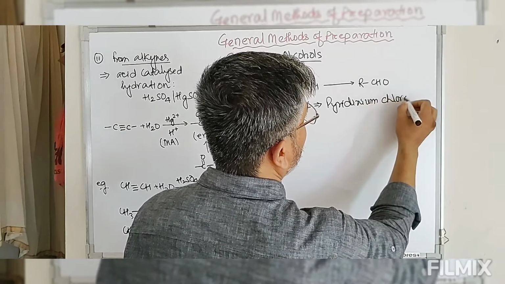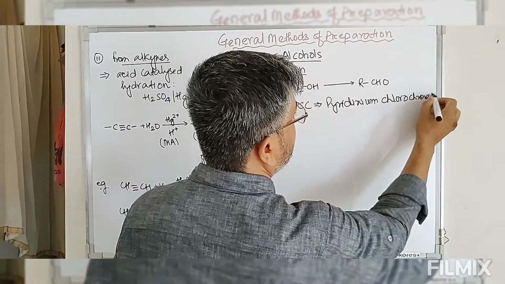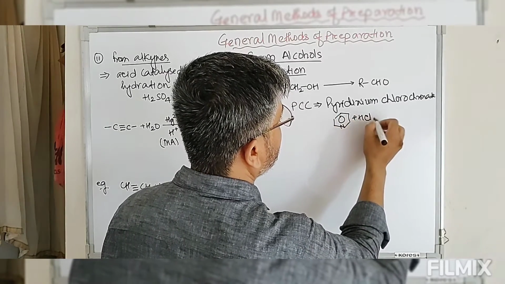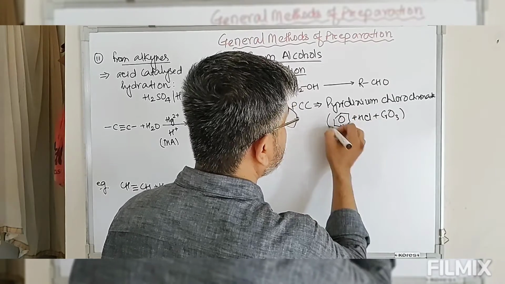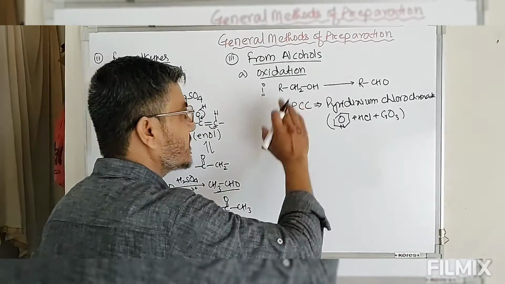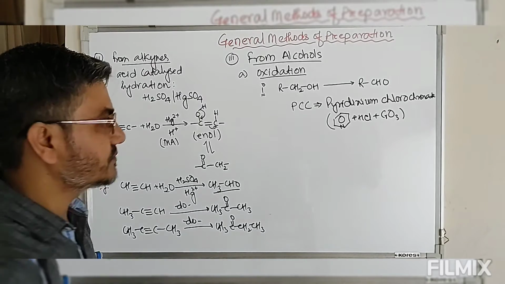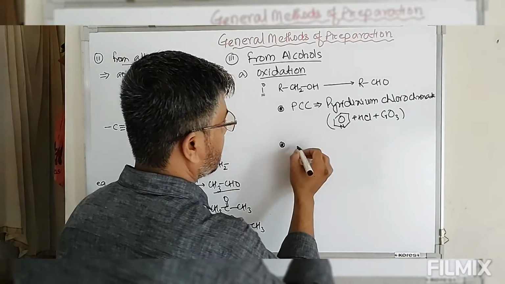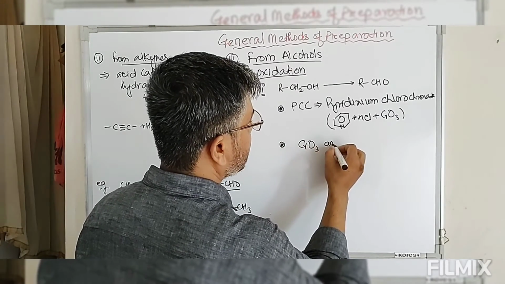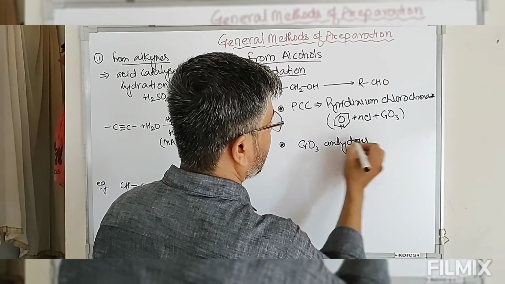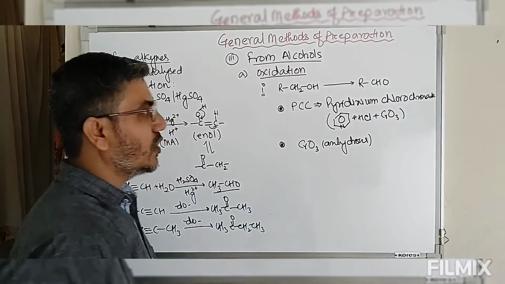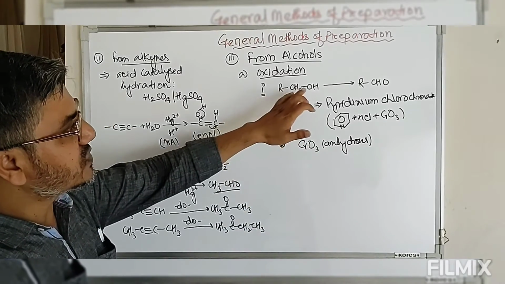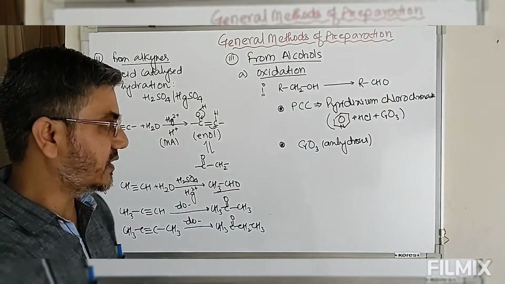Pyridinium chlorochromate. This is a mixture of pyridine, HCl and chromic trioxide. This is a mild oxidizing agent which oxidizes primary alcohols to give you aldehyde. Now along with this we can also have chromic trioxide anhydrous. Now this anhydrous chromic trioxide also oxidizes these primary alcohols to give you aldehyde.